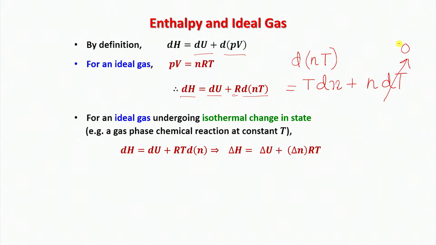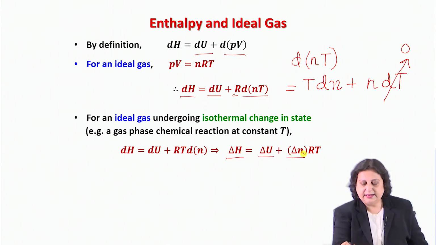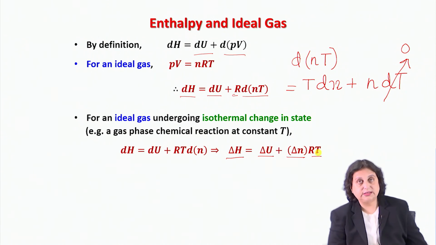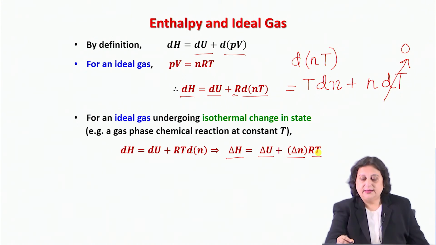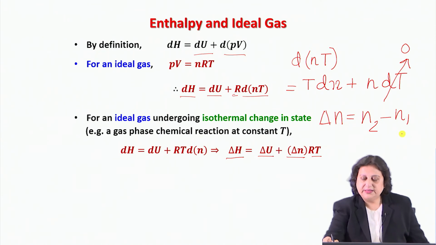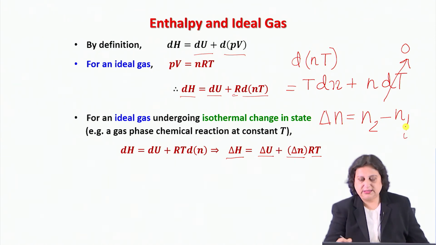I should be left with an expression like this, such that for a finite process, I can say that delta H is equal to delta U plus delta n into RT. So what is delta n? Delta n is the change in the number of constituent particles, and delta n will be given by n2 minus n1, where n1 is the number of particles in the initial state and n2 is the number of particles in the final state.